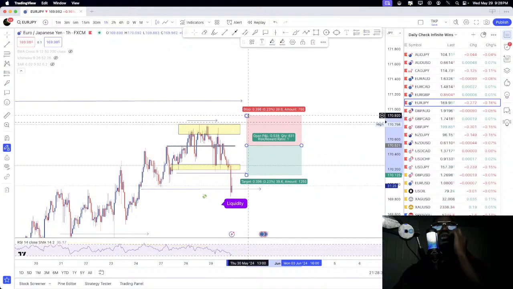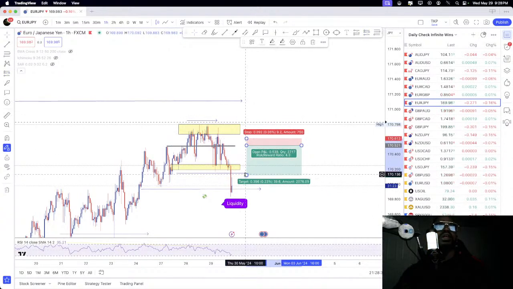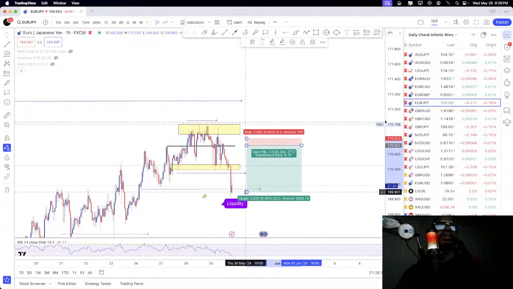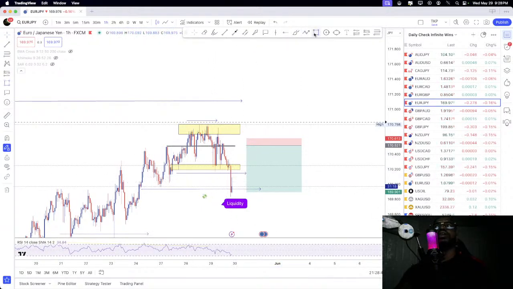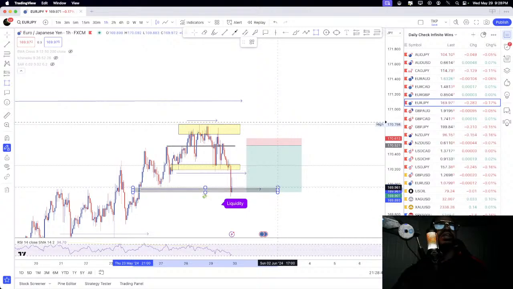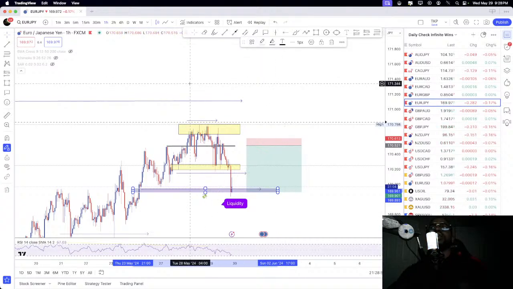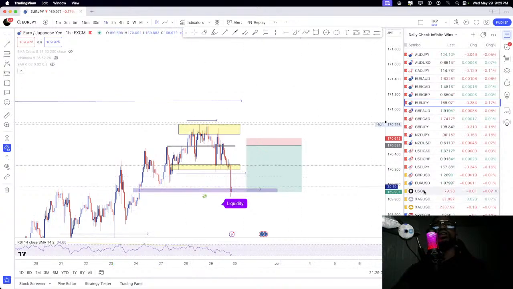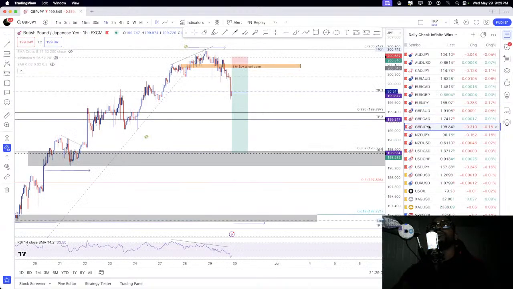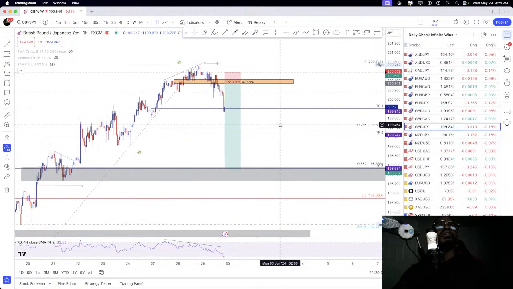From this level, everything played out, and this would actually have been our first target. So this is shaping up in a similar fashion as Euro USD. There's a great chance that you could see a pullback from this area to retest the highs before we get another move with this pair. We also took a sell on Pound JPY, and we just hit TP1 on it.